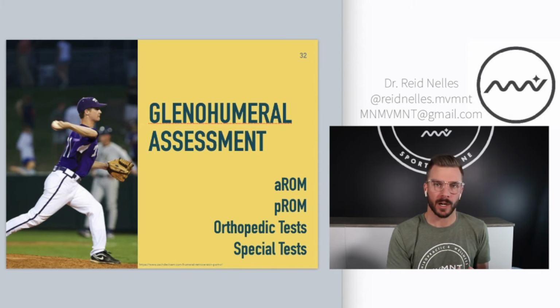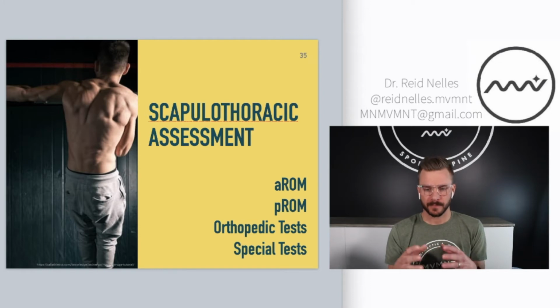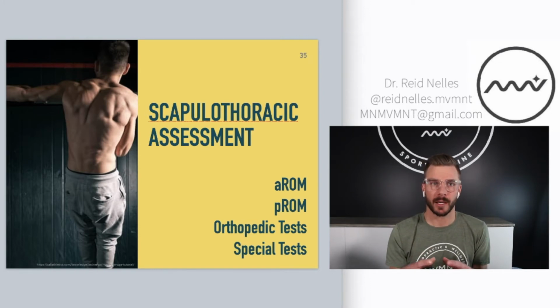What are these orthos that are relevant, and what information are we even trying to figure out from them? If we're just going through the motions of doing all these tests just to gather information that is useless to us, it's a waste of time, money, and effort on your part and their part, right? So figuring out ways that we can get digestible and effective information is what we're going to be delivering in this full course.